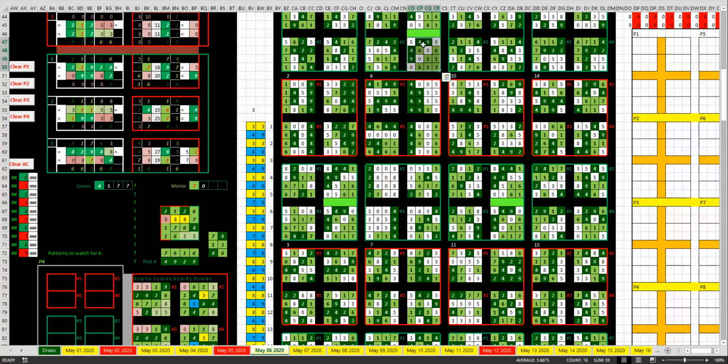So all the numbers that showed up in the Pick 4 are right in a nice little pattern here. These are the same numbers as here, and the same pattern again here. So this same exact pattern showed up 3 times in this workout for 4929.